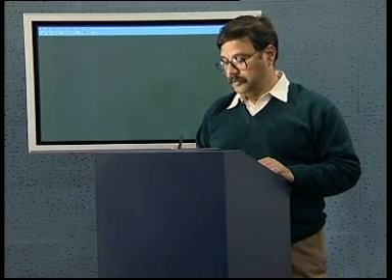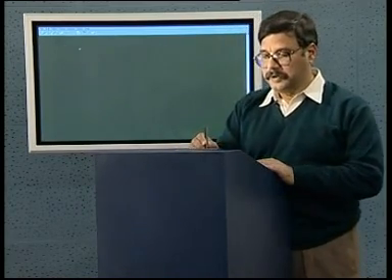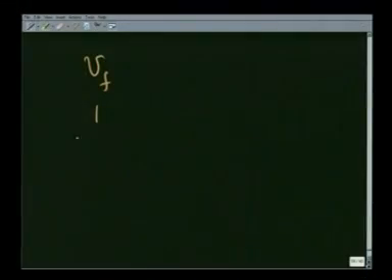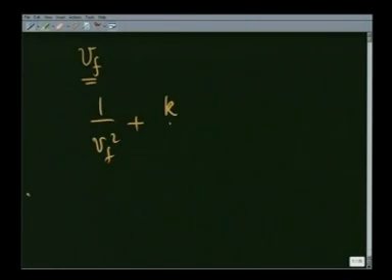I will leave it for you as an exercise that when it comes back with velocity v final, then the relationship between v final and v initial square is going to be 1 over v final square plus k over mg is equal to 1 over v initial square.